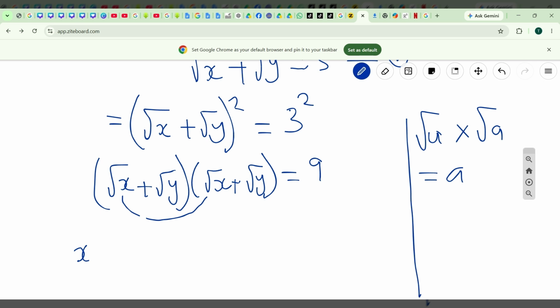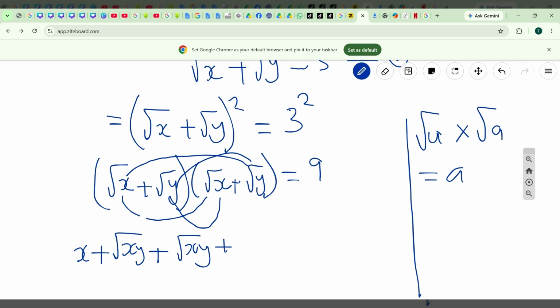So root x multiplied by root x gives you x, root x multiplied by root y gives you root xy, root y multiplied by root x gives you root xy, and root y multiplied by root y gives you y, all equal to 9.